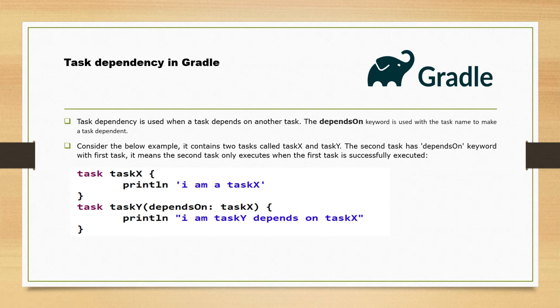The second task has the dependsOn keyword with the first task, which is nothing but taskX. It means the second task, which is taskY, only executes when the first task is successfully executed, right? So if one task depends on another, then you may use the dependsOn keyword to make the dependency here.